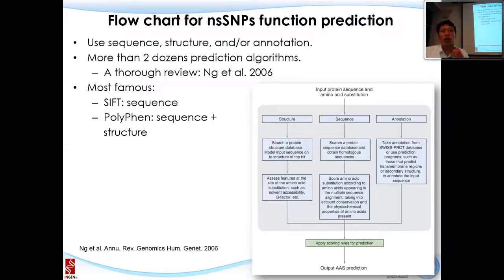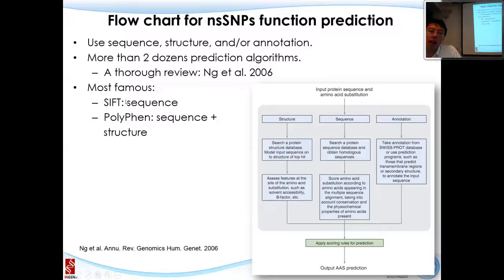Among the different algorithms, the most famous ones that people use to predict the functions of non-synonymous SNPs are SIFT and PolyPhen. Have any of you heard about that? SIFT and PolyPhen? Okay, just go look at it.